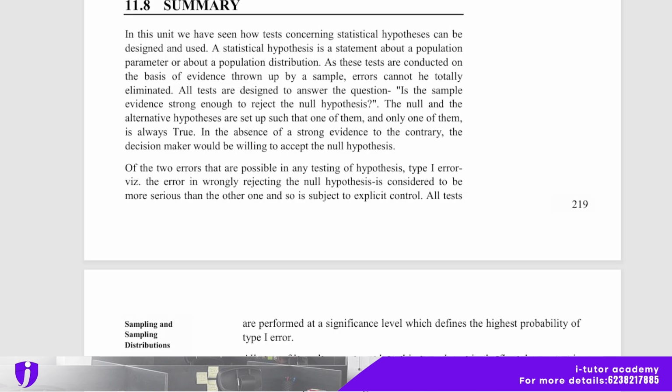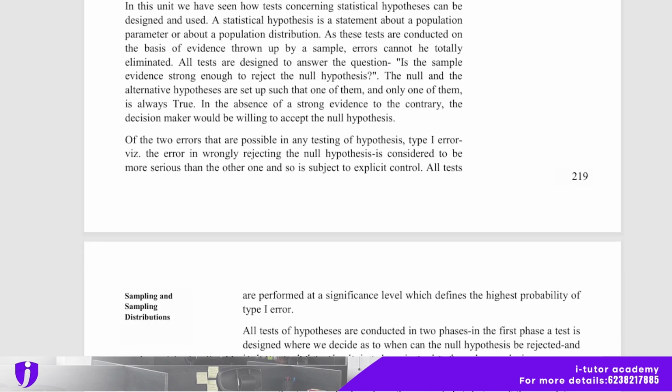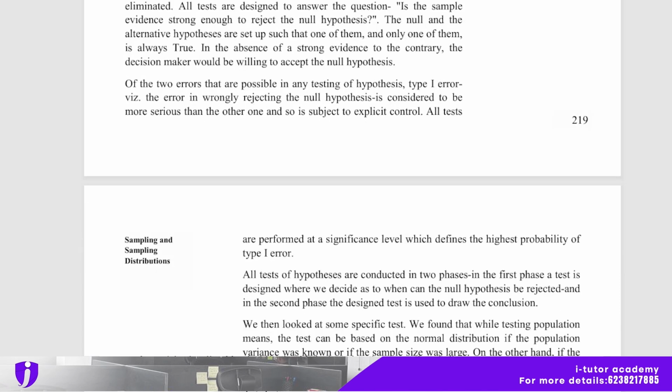The null and the alternative hypothesis are set up such that one of them and only one of them is always true. In the absence of strong evidence to the contrary, the decision maker would be willing to accept the null hypothesis. Of the two errors that are possible in any testing of hypothesis, type 1 error, the error of wrongly rejecting the null hypothesis, is considered to be more serious than the other one, and so is subject to explicit control.